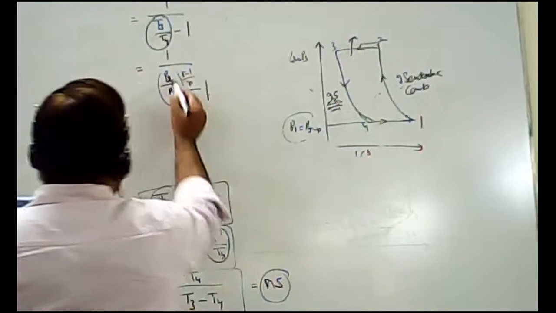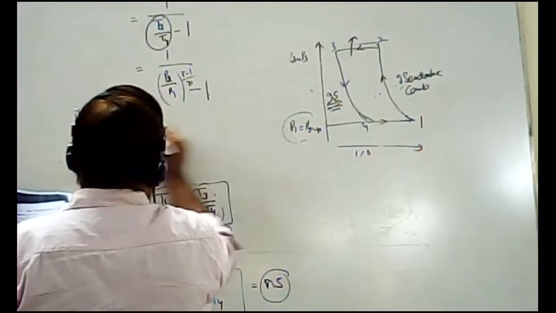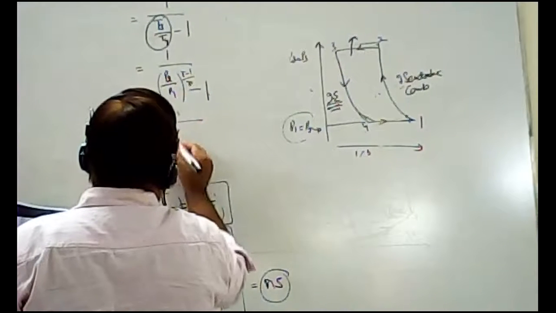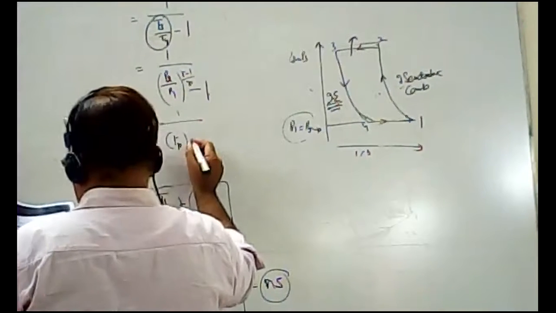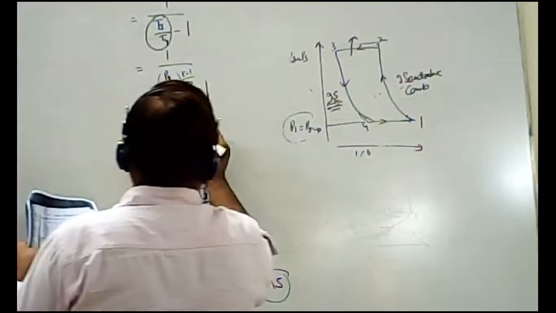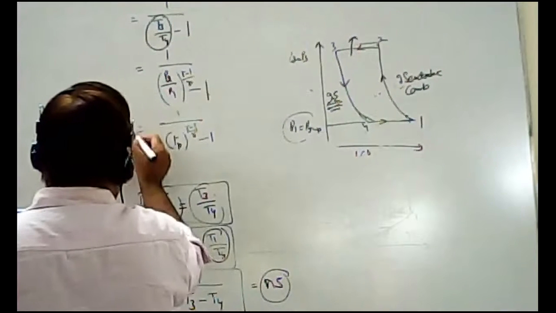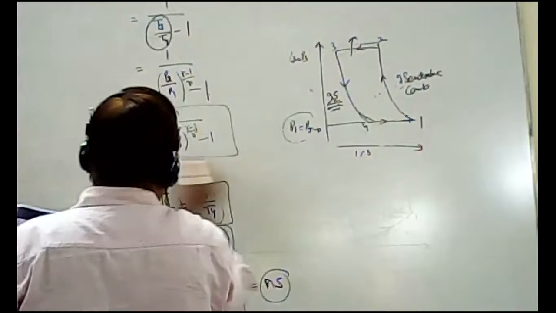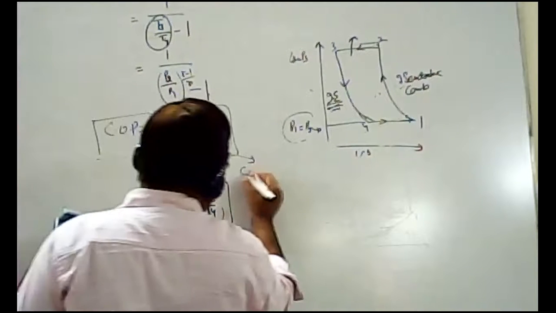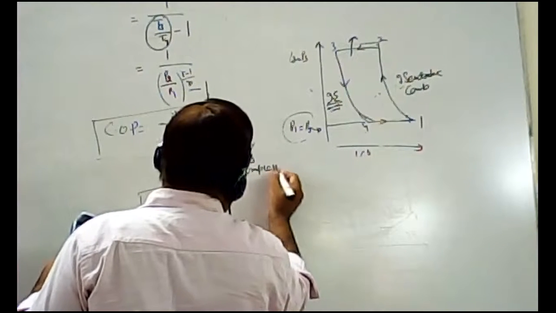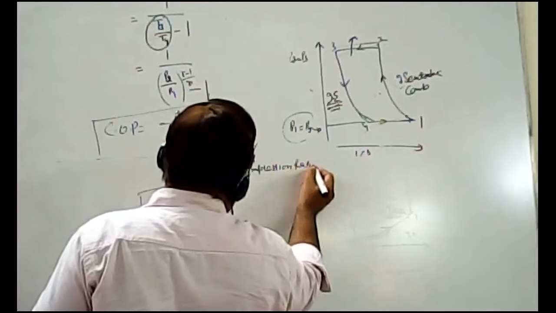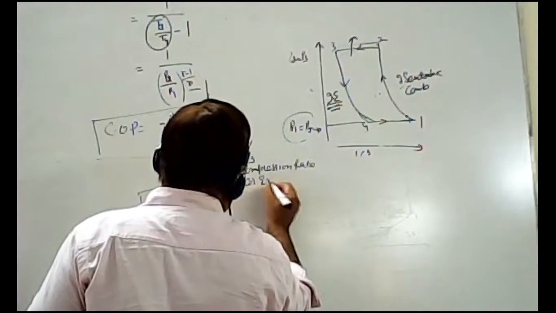This P2 by P1 I can also write as RP. This is the pressure ratio, known as the compression ratio or expansion ratio.